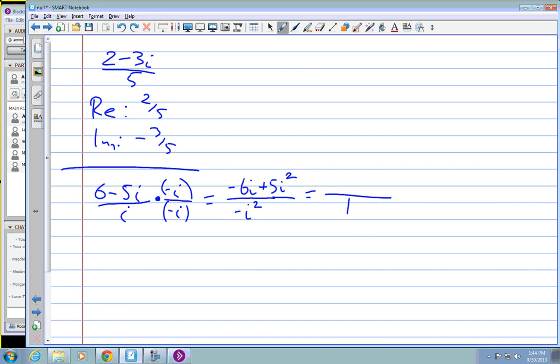That's good news. Very good, because i squared is negative 1. So that actually comes out to be negative 5 minus 6i over 1, so negative 5 minus 6i. So what is the real part, and what is the imaginary part? Real is negative 5. Imaginary is negative 6.